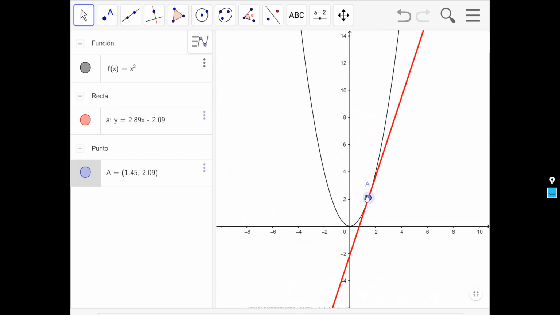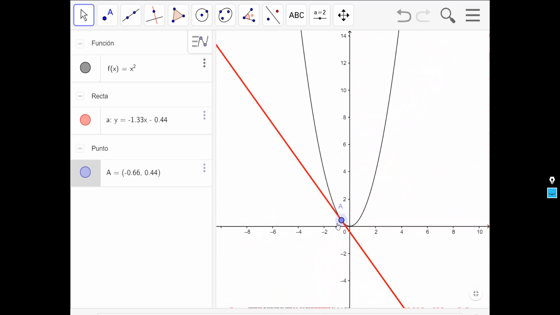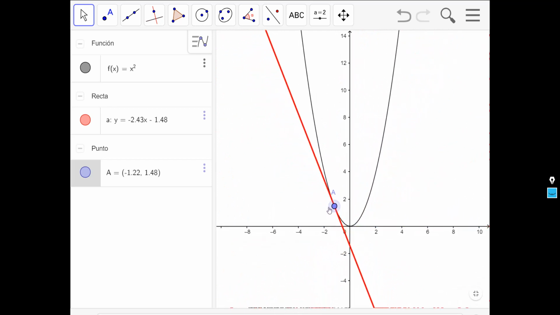And the other point was the point whose x coordinate was -2. So let's put A in that coordinate. This should be -2 now. And there it is. Let's check the slope of the tangent, and it's telling me that it's -4, which is the number that we also got. So you see, guys, everything checks perfectly. We have found a way.